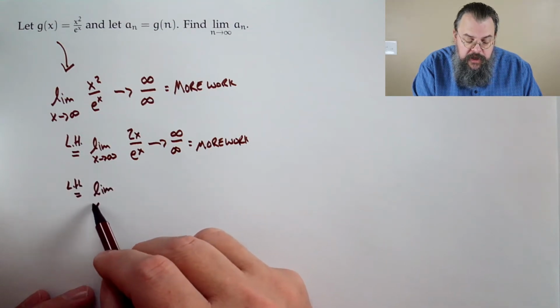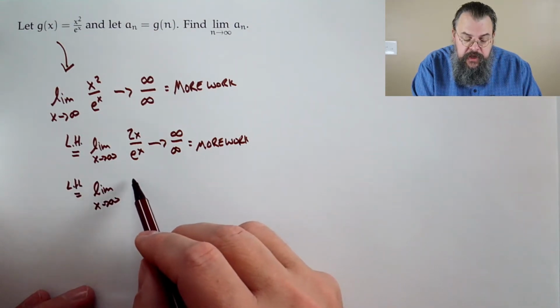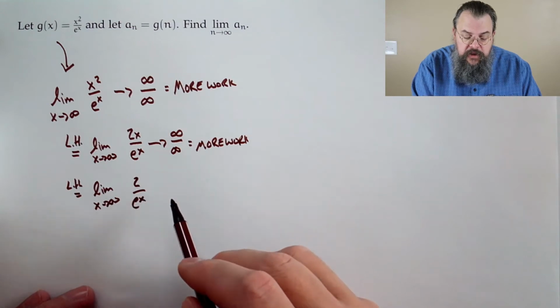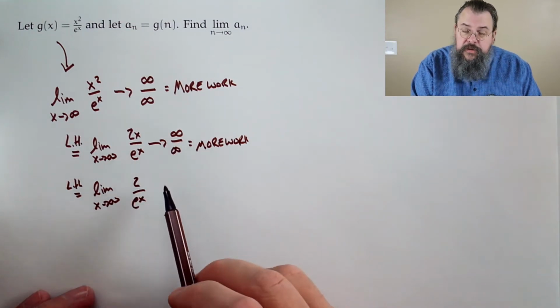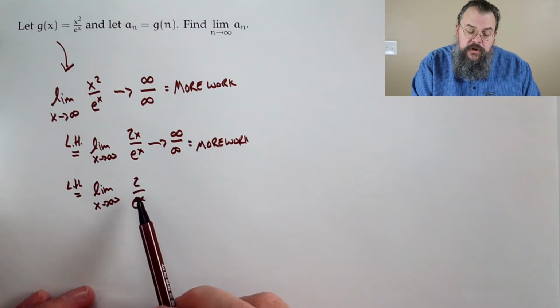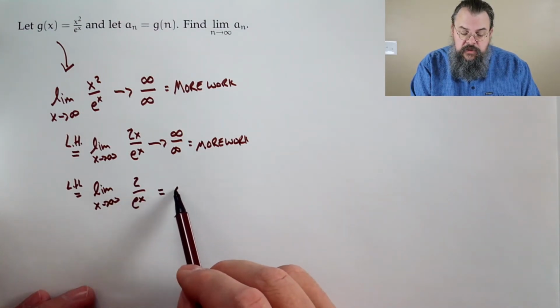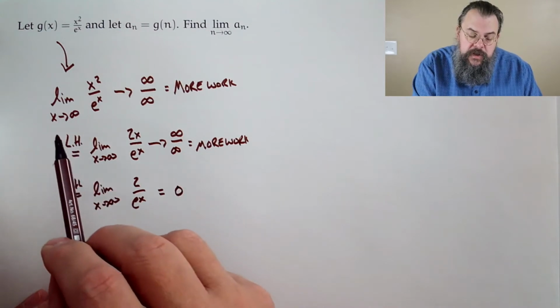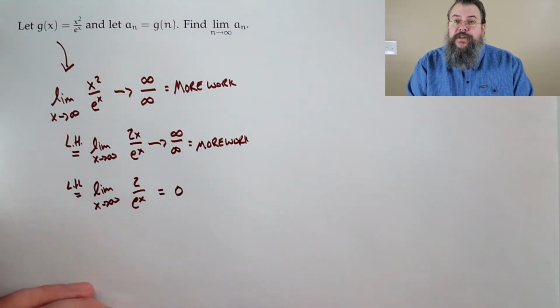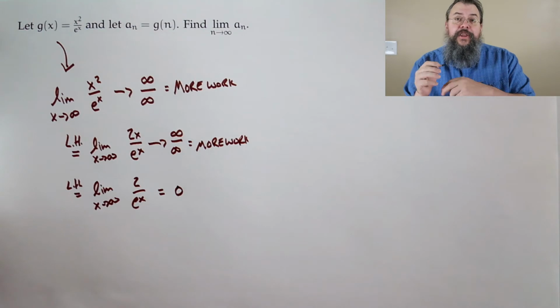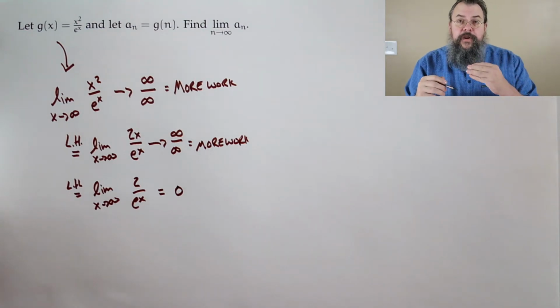So it becomes the limit as x goes to infinity of 2 over e to the x. Well, that doesn't go to infinity over infinity. It goes to 2 over infinity, in other words, 2 over a big number, which is 0. Now, if the continuous function converges, then the discrete variation, the one where we sample, also converges.